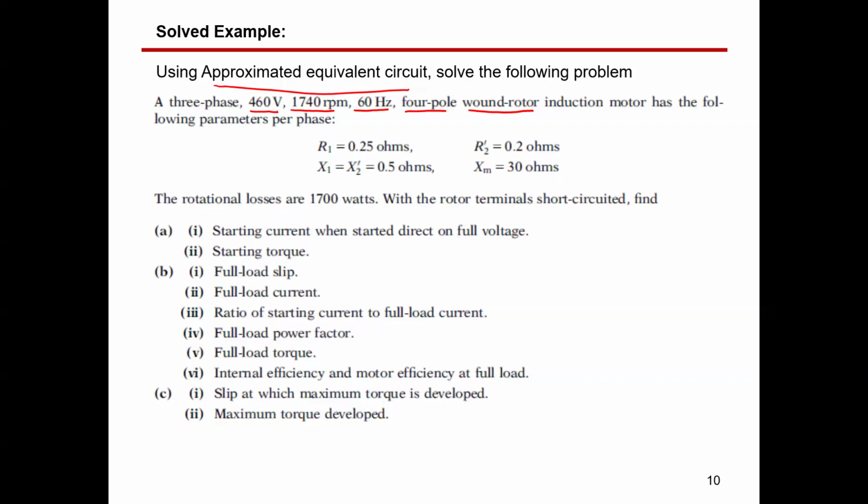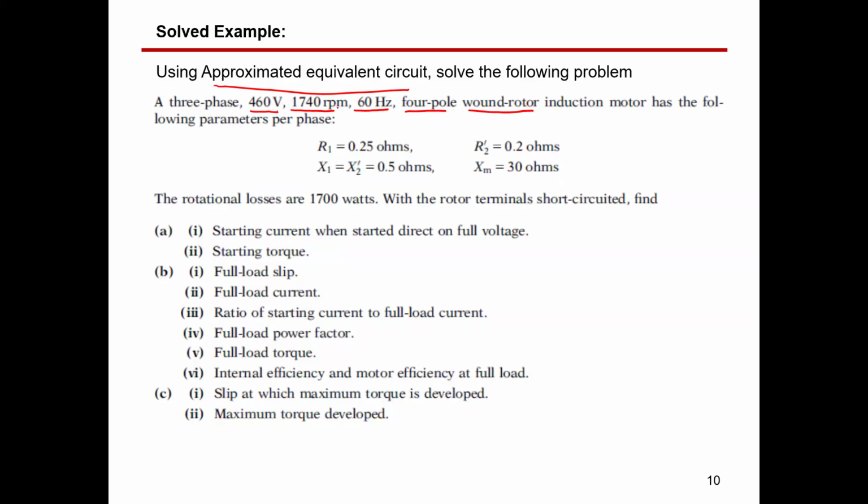Every expression has a meaning. Every word in this code or the nameplate has a meaning. So you have to understand this correctly. 460 volt, this is line to line volt. So what is the phase value? I don't know. I need to check the connection. So from the code here, we said that it's wound rotor. I don't know yet.